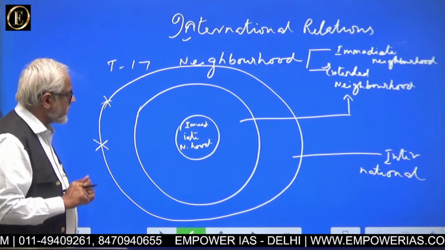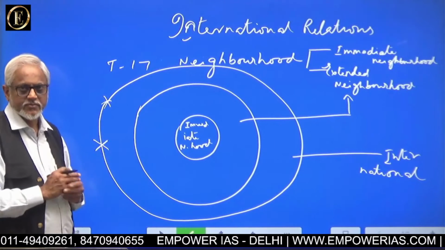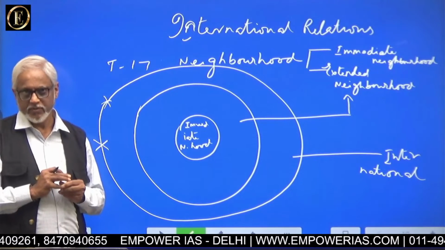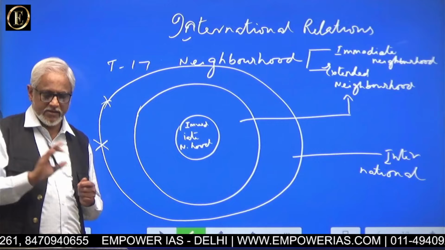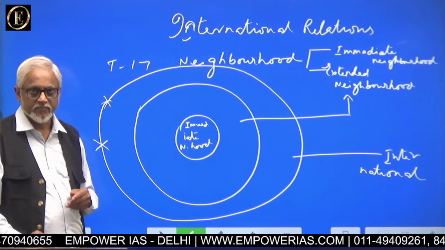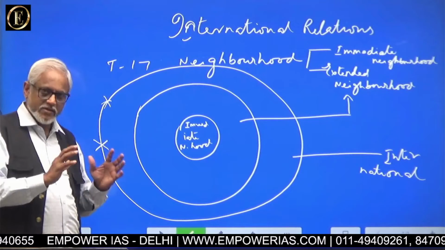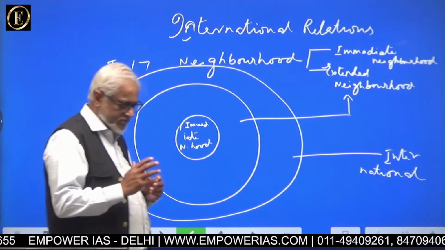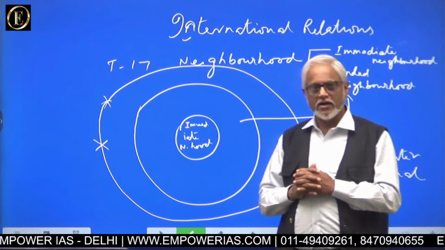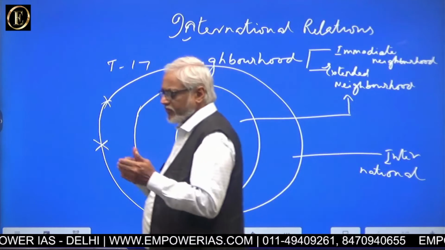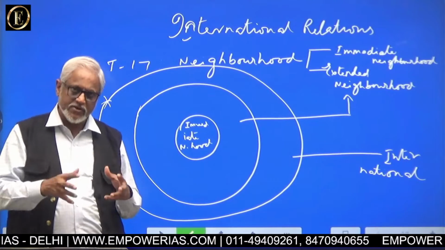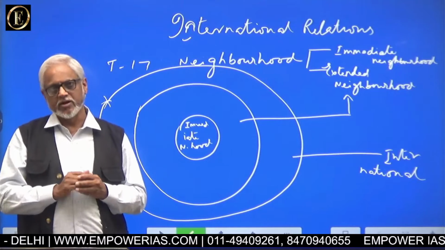Fine. Now, what is India's immediate neighborhood and what is India's extended neighborhood? Now, the extended neighborhood idea did not exist earlier in India's foreign policy. Right? India originally, just in brief, began with the international concept that is called NAM, non-aligned movement, and then from 1965 onward, it concentrated upon the immediate neighborhood concept.